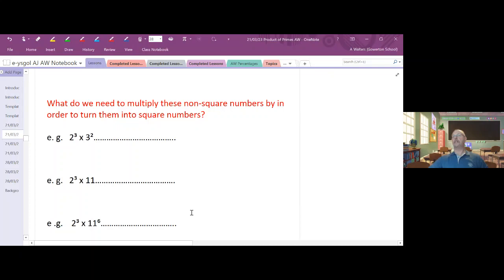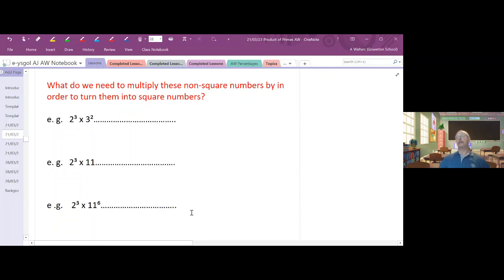Okay, these are questions that are sometimes asked then. Using the same skill, or testing the same skill, what do we need to multiply these non-square numbers by? So they're telling you they're non-square numbers in order to turn them into squared numbers. So I'm looking at this and I'm happy 3 squared, that is an even power.